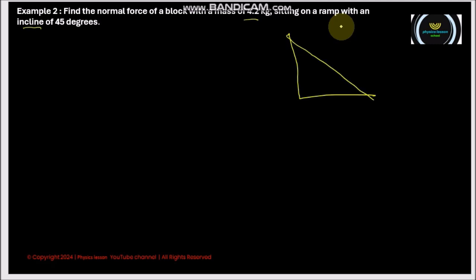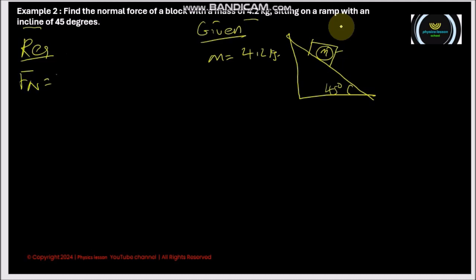Assume this angle theta is 45 degrees. You have one object on this incline with mass 4.2 kilogram, and you are required to find the normal force N.